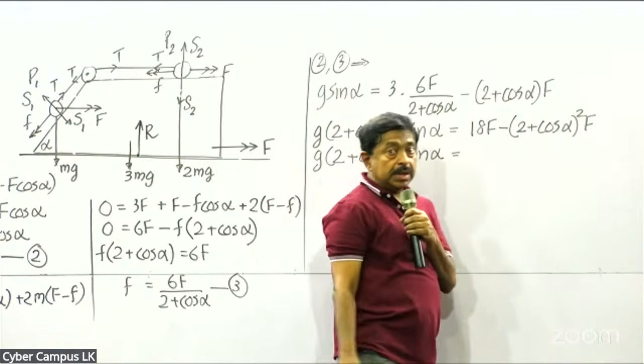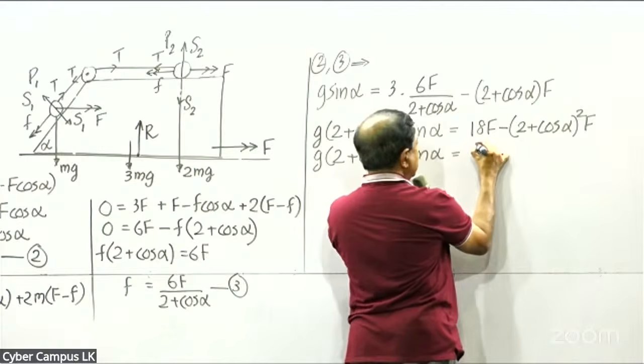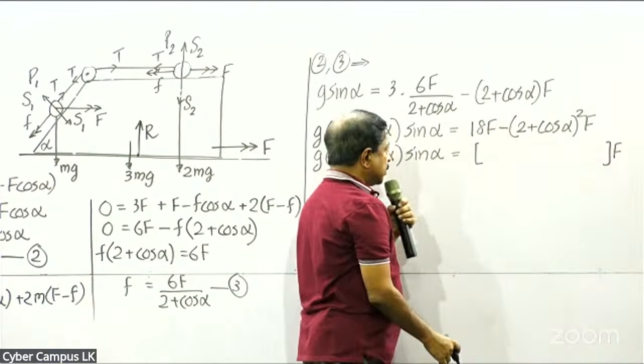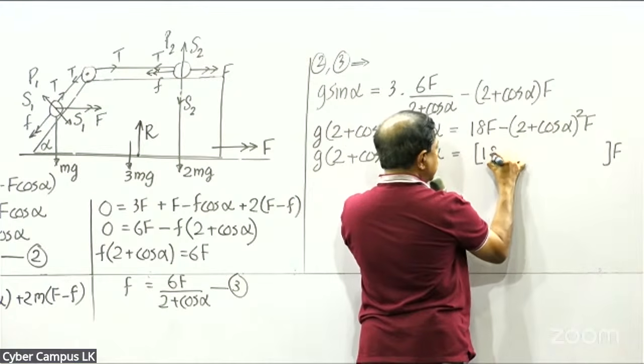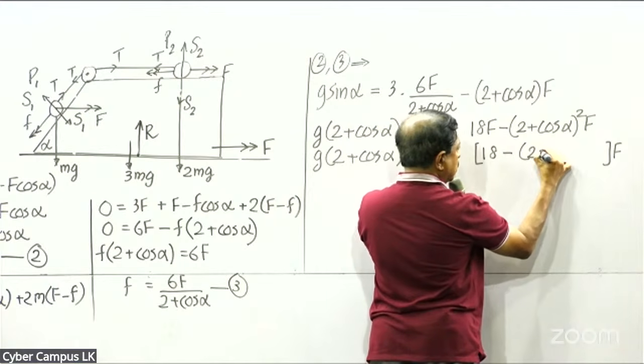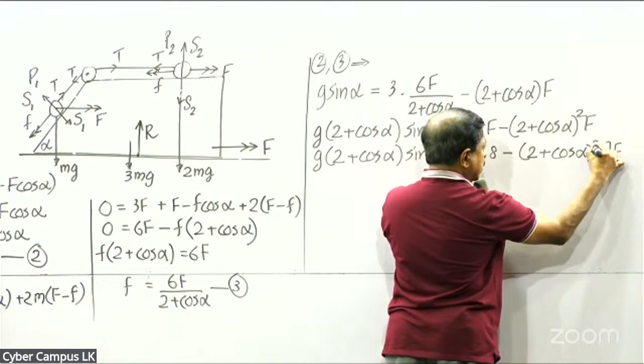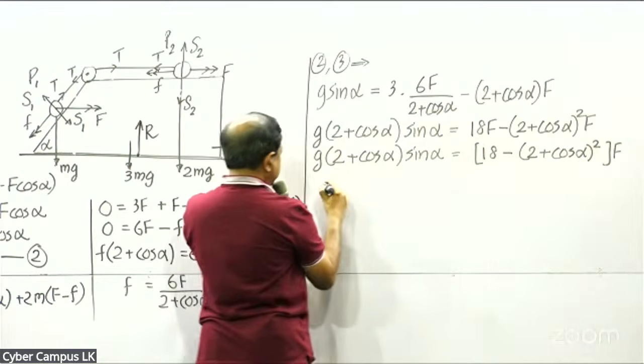Now, from this, you can pull out capital F. 18 minus 2 plus cos alpha quantity squared. Now divide.